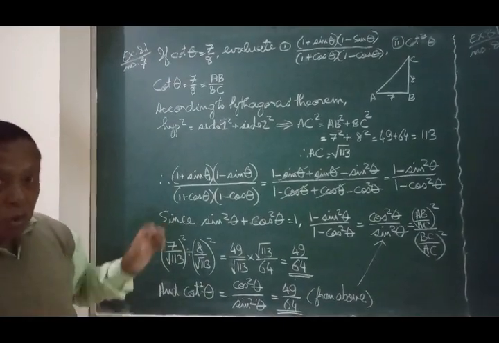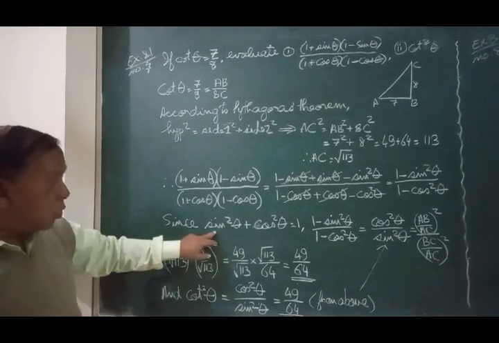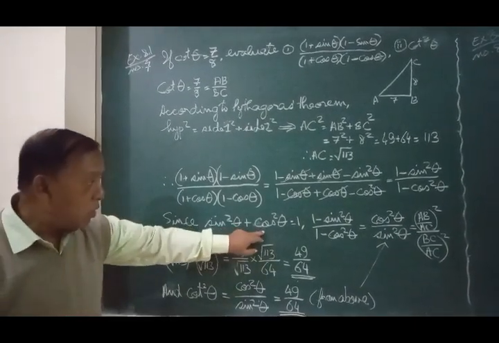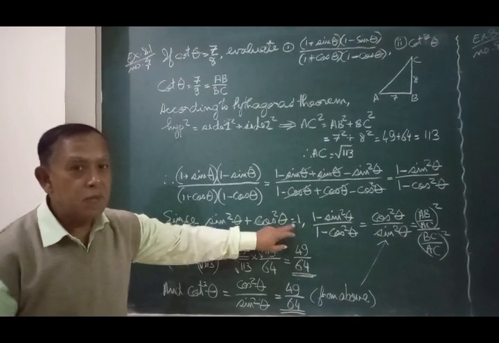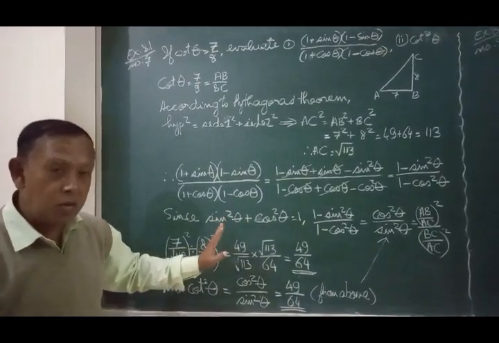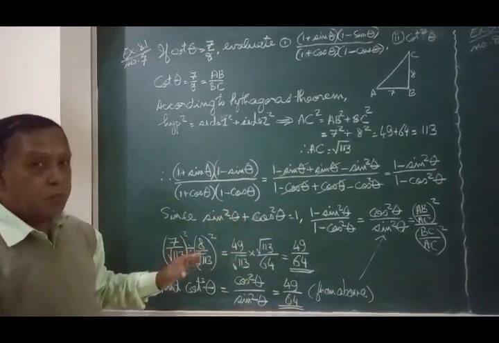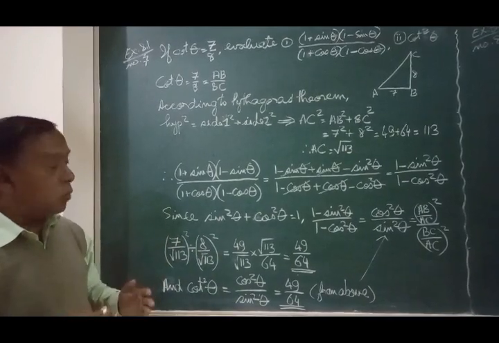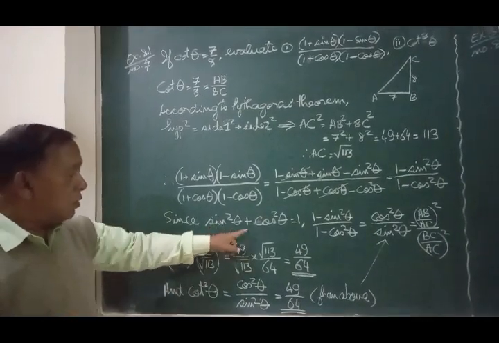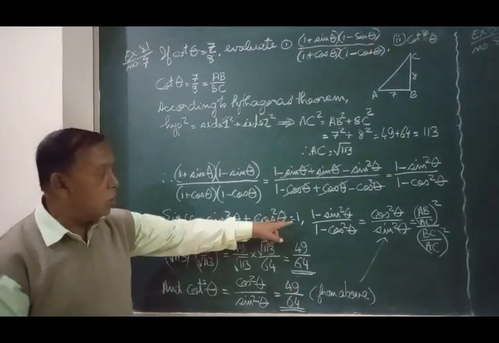Earlier we have learned, sine squared theta plus cos squared theta is equal to 1. This you must accept and memorize like a formula. Sine squared theta plus cos squared theta is equal to 1.